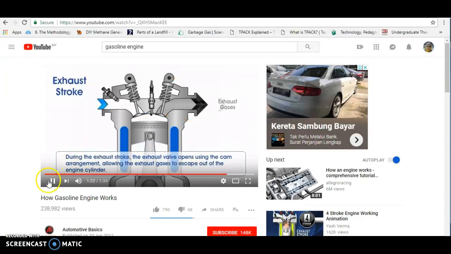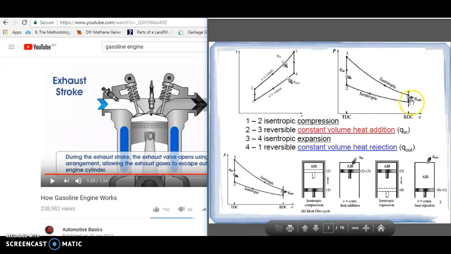So you can see that the exhaust process is happening also at constant volume, right? At this bottom dead center, your valve here is open, so you reject the products of your combustion. So this is what makes one complete cycle.